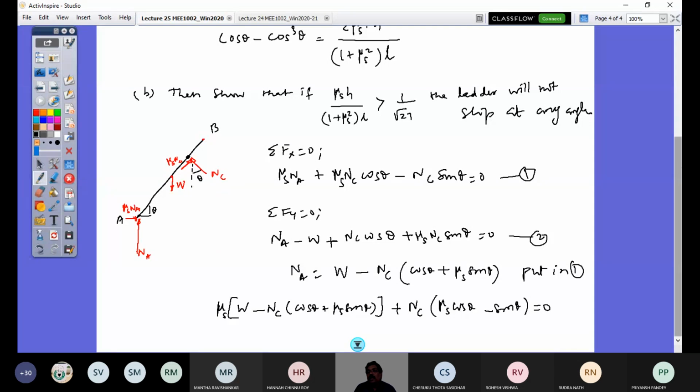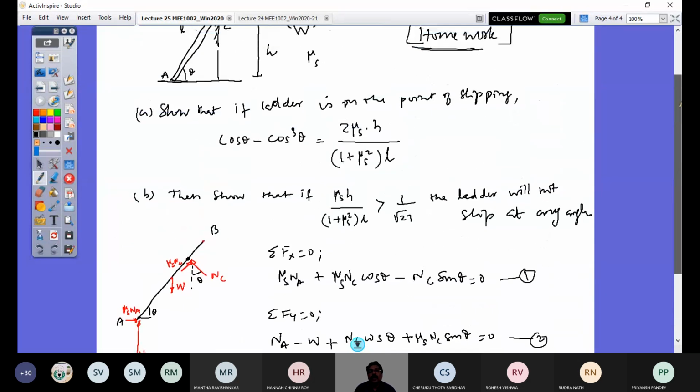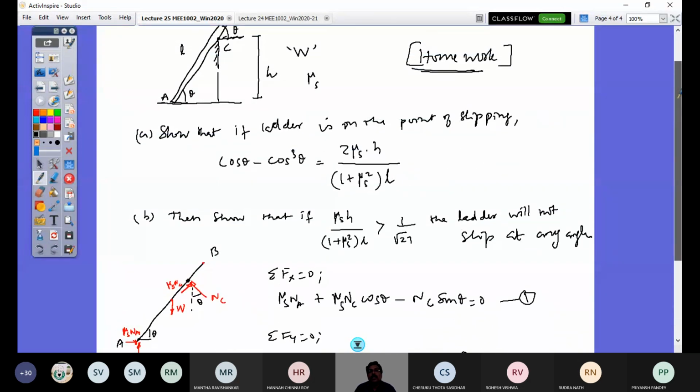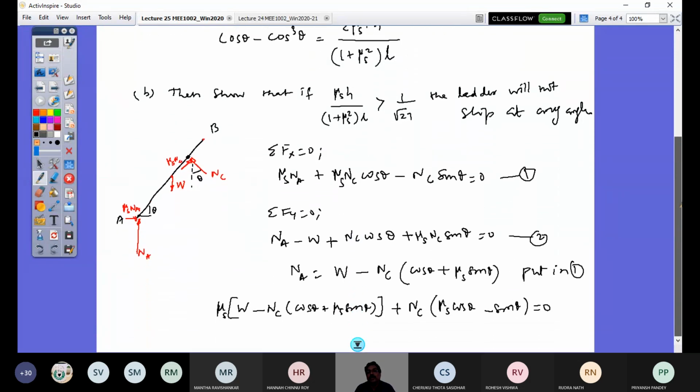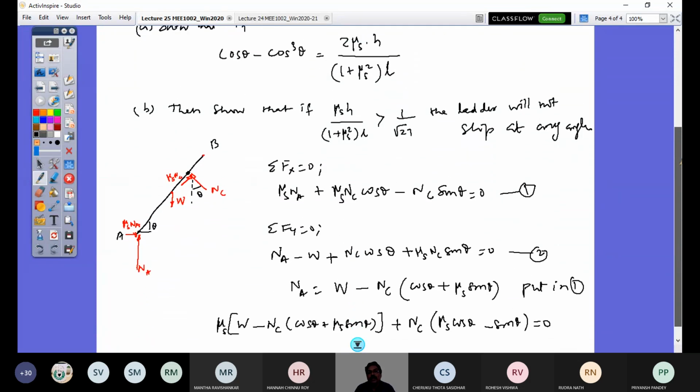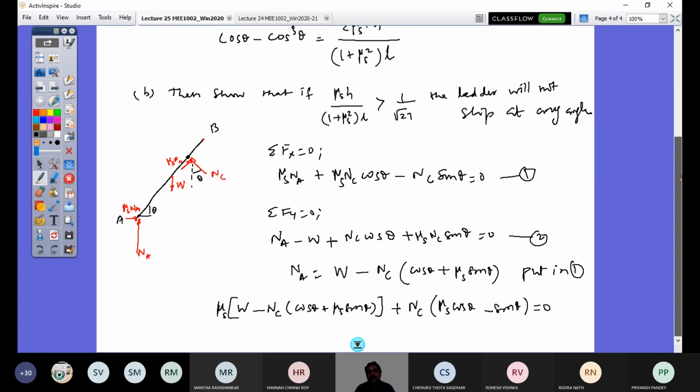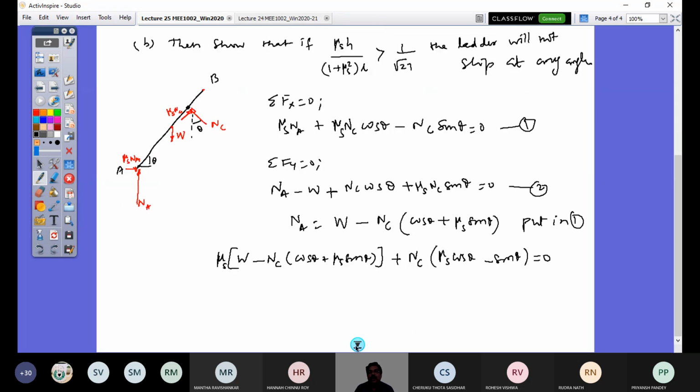So now, what is it that I needed to reduce? Look here, I have to get cos theta minus cos cube theta equals this. So how do I get this expression? I should not have NC, W, nothing should be there in this, right? So what I will do is take mu s W on one side and the rest all on the other side. Because here I have NC, I can reduce this, so I have to take it to the other side.